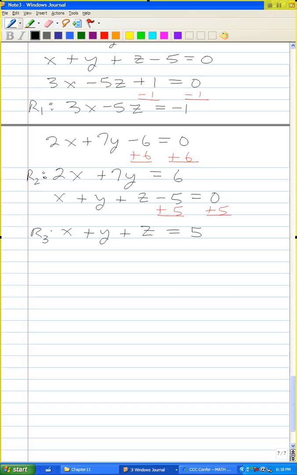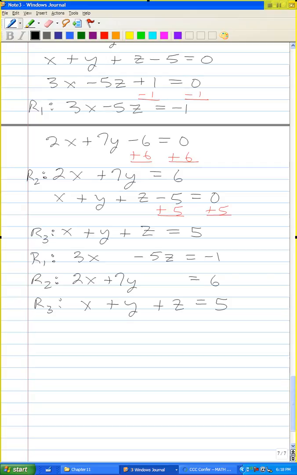So that's R3. So let me list these down. R1, 3x minus 5z equals negative 1. R2, 2x plus 7y equals 6. R3, x plus y plus z equals 5.